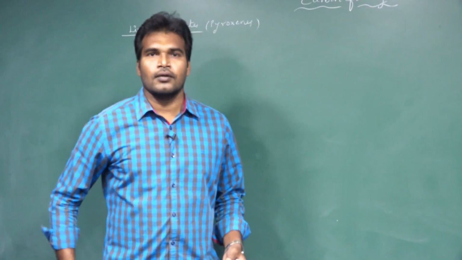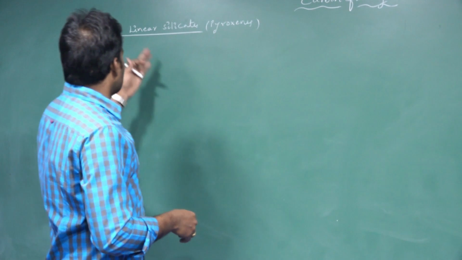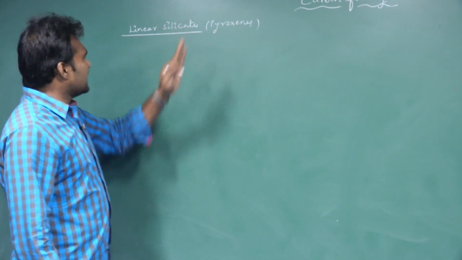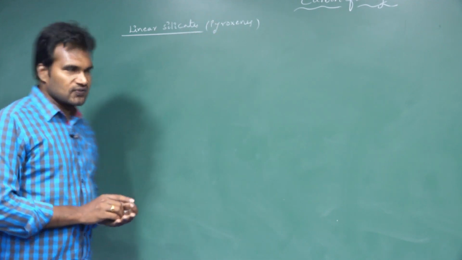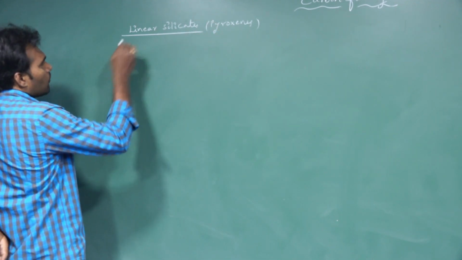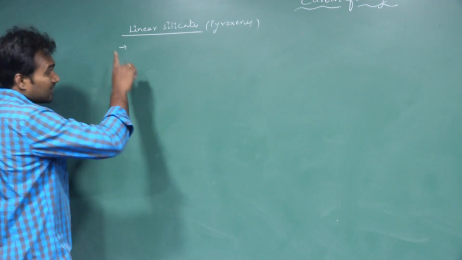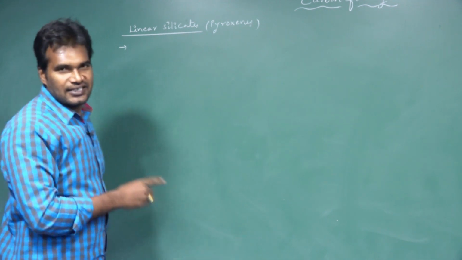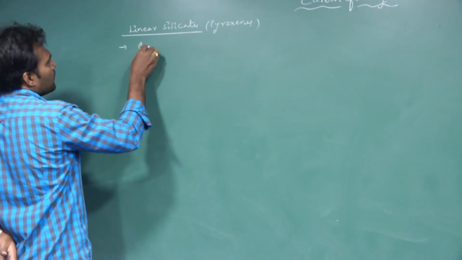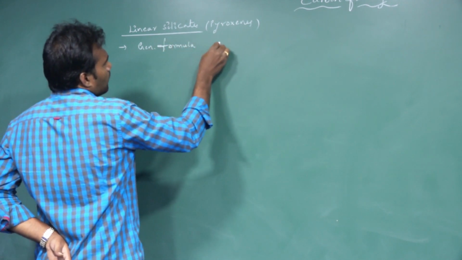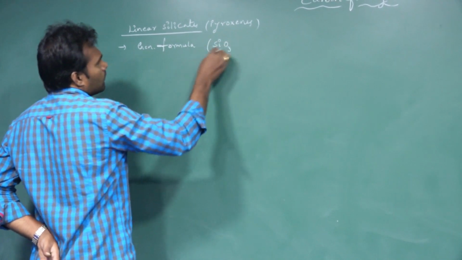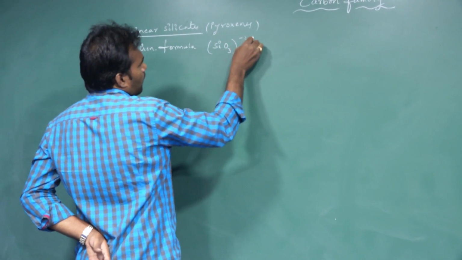The first one in inosilicates is linear silicates, or linear chain silicates, also called pyroxenes. The general formula of these linear silicates is the same as cyclic silicates, that is (SiO3)n^(2n-).